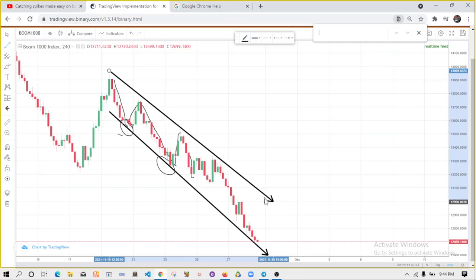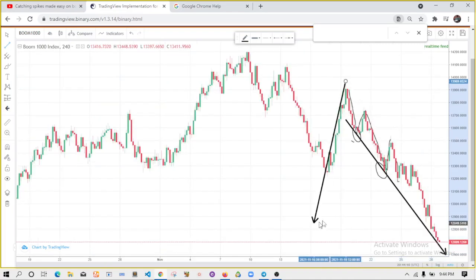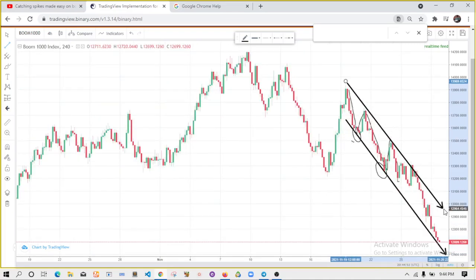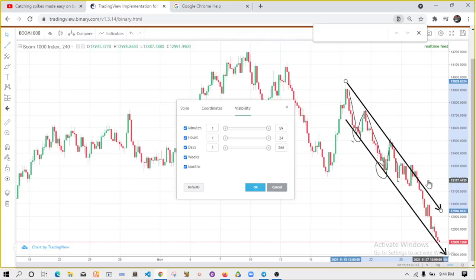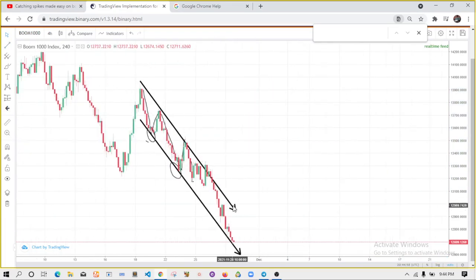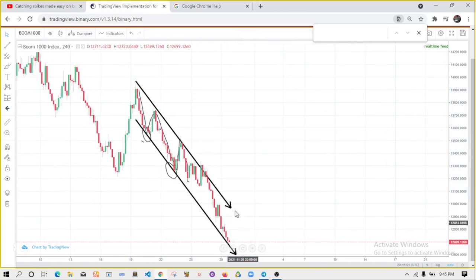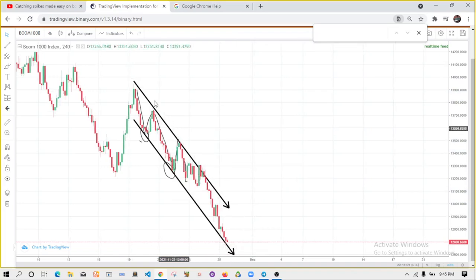When the price is going down, that is basically a downtrend. Now you can see my downtrend. As you can see the two lines, the only thing you need to do now is to pick some swing points.